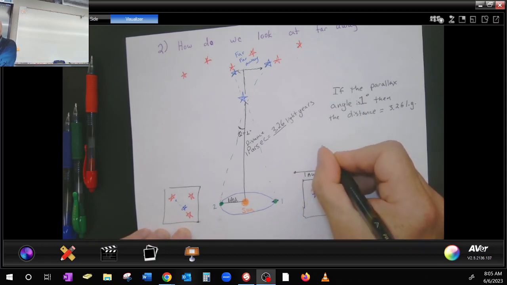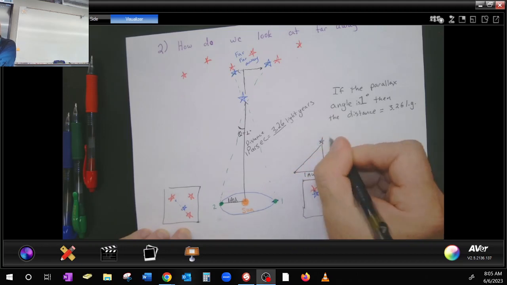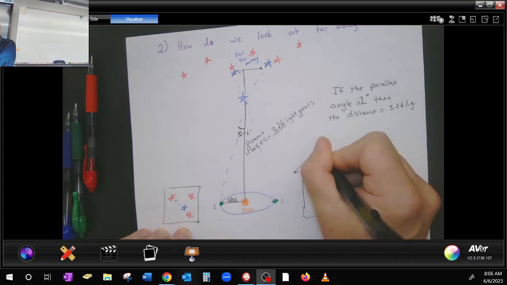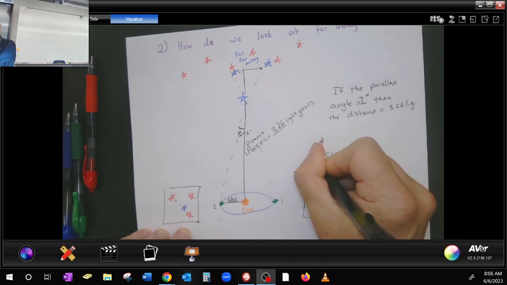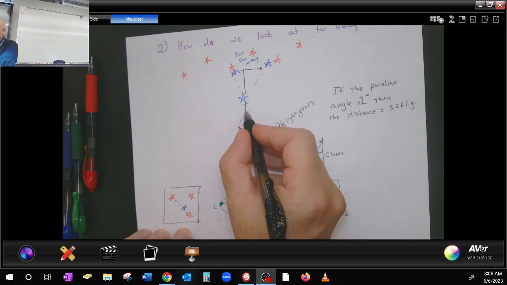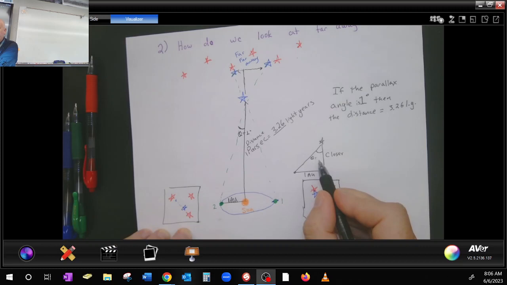If this object is closer, what happens to this angle right here? Does the angle get larger or smaller? Take a look at this. If this is closer, will this angle get larger or smaller?